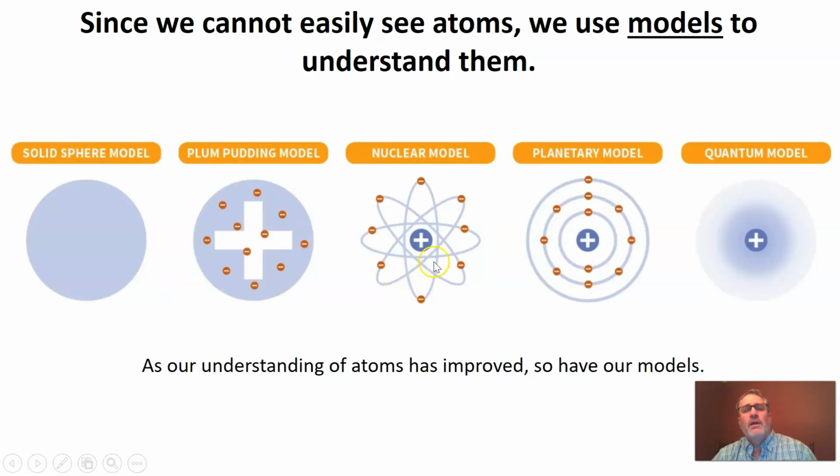This is a model, this nuclear model, that was from, I believe, the 1960s. And the nuclear model is still one that some of you have seen before. There is also something called a planetary model, and this is a current model of what we believe an atom is like, and we call that the quantum model. So models are really helpful for when we try to understand things that are incredibly tiny or unimaginably big.